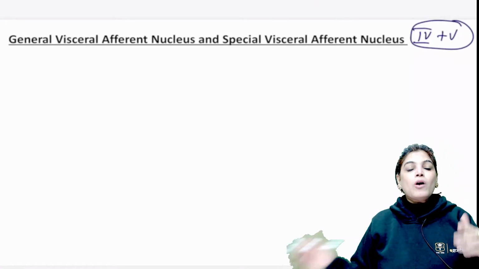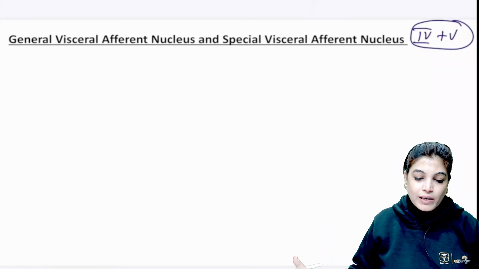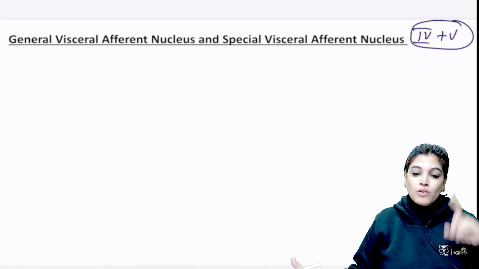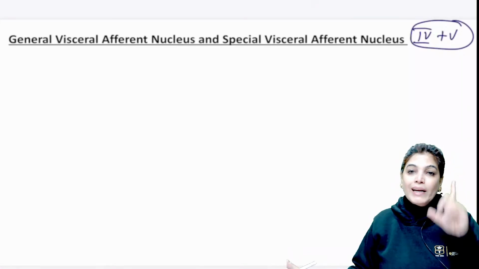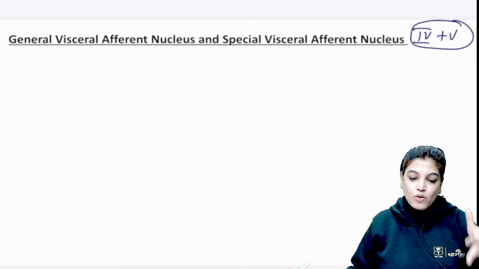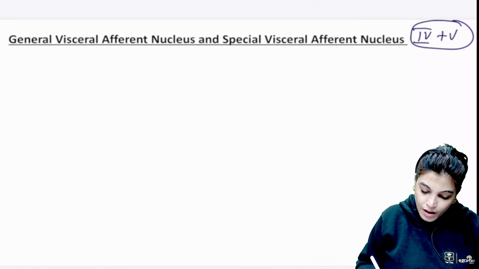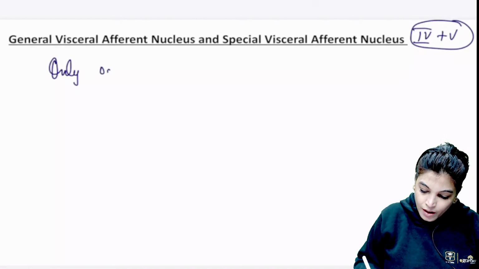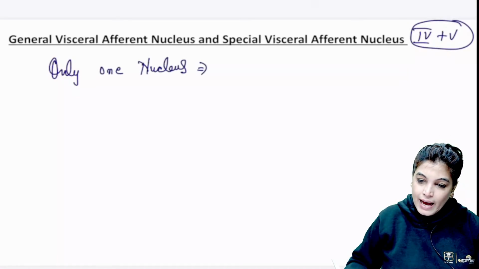Both of these functional columns have just one nucleus related to them, called the nucleus of solitary tract or tractus solitarius. Only one nucleus is there in this category.